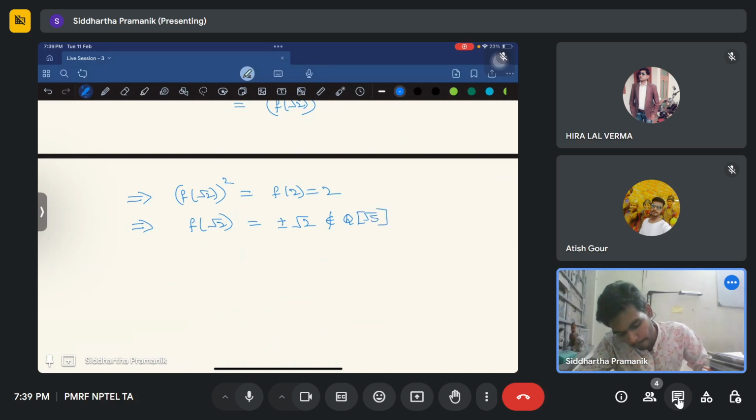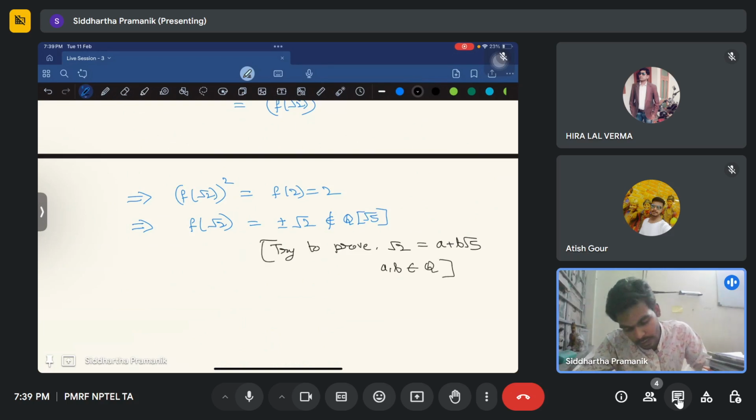So you just try to prove it. So try to prove this. Root 2 cannot be written as a plus b root 5, where a and b are rational numbers. If you can prove this, then you will get plus minus root 2 does not belong to this. So this map is not well defined in fact. So this is a contradiction.